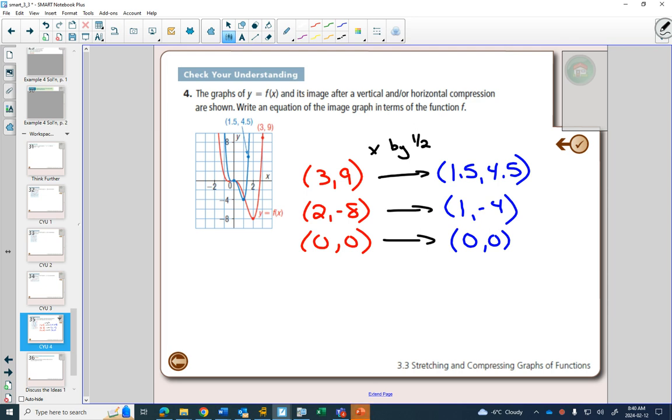You might be tempted to say when you see 2 to 1, oh, maybe it moved left 1, but then moving left 1 doesn't work for this 3 to go to that 1.5. So we have to come up with a pattern or notice something that happens for all of the x coordinates. And same thing with the y coordinates. 9 went to 4.5, -8 to 4, 0 stayed the same. You might notice that the y value got multiplied by half as well.